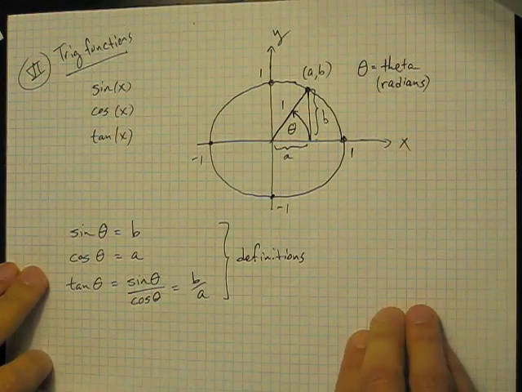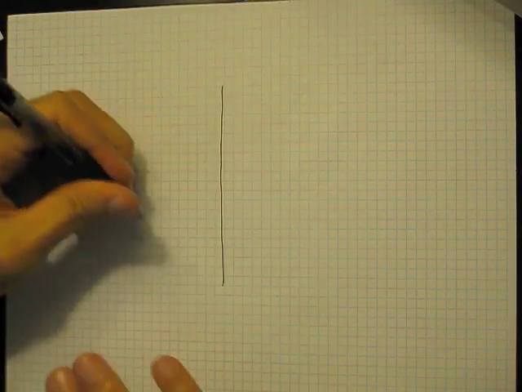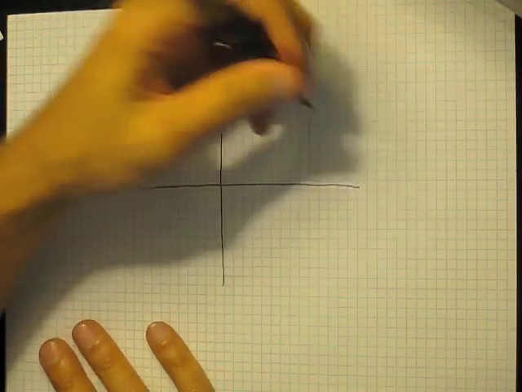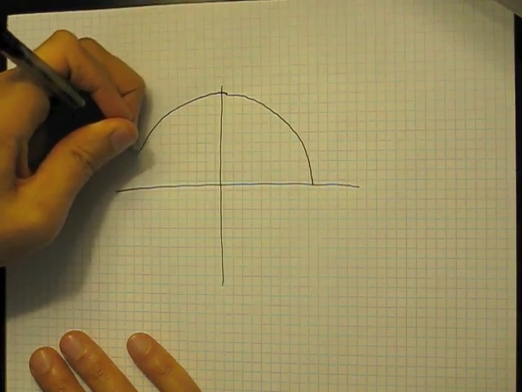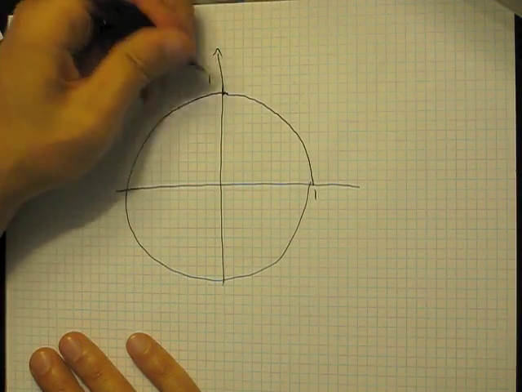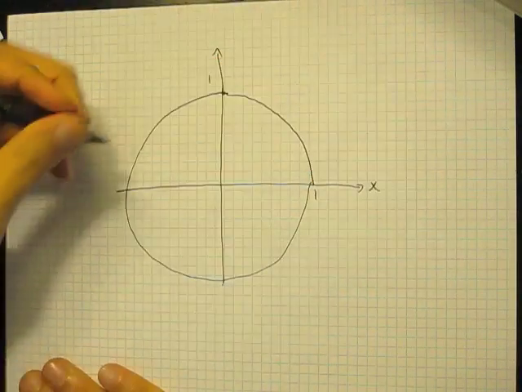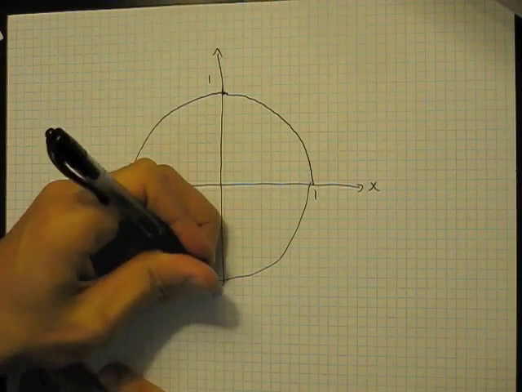Okay. So now let's go through just a little tiny bit of review about the unit circle and measuring radians around the unit circle. Okay, so this is again my circle. It looks like it's had a pretty bad night here, but bear with me.